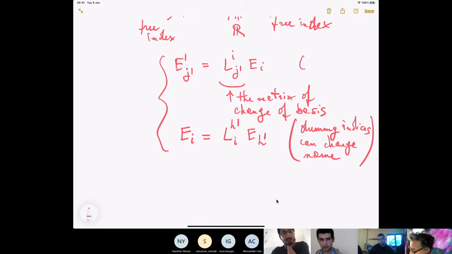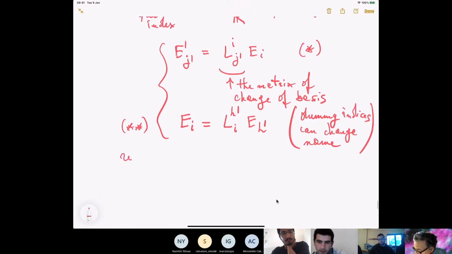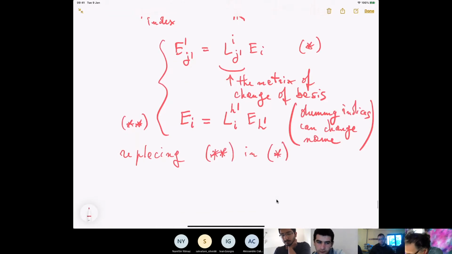Now, if you replace in this formula here, so replacing double star in star, what do we get? We get E prime j prime equal L_i^j' and instead of this, we replace L_h'^i E_h'. Sorry, h prime. Okay.